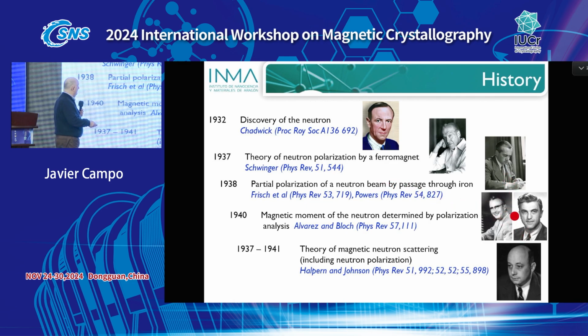Then Alvarez and Bloch in the 1940s determined the magnetic moment of the neutron by polarization analysis, and Otto Halpern and Johnson did the theory of neutron scattering also in 1941.